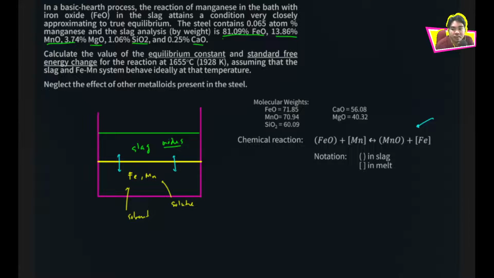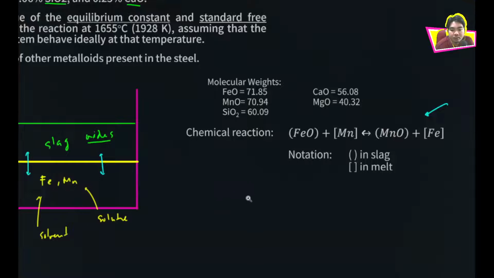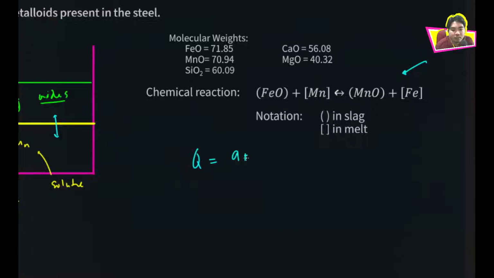If we write the reaction quotient, Q is equal to the activity of the products, which is Fe, times the activity of MnO, divided by the activity of FeO, tapos yung activity ni Mn.